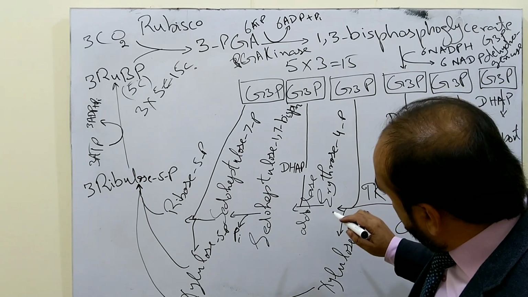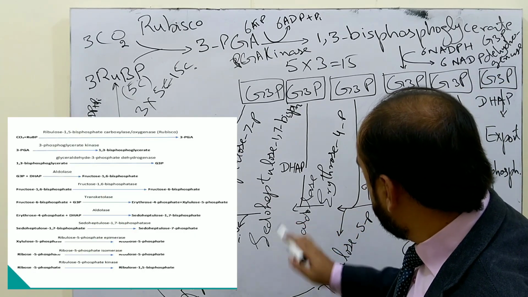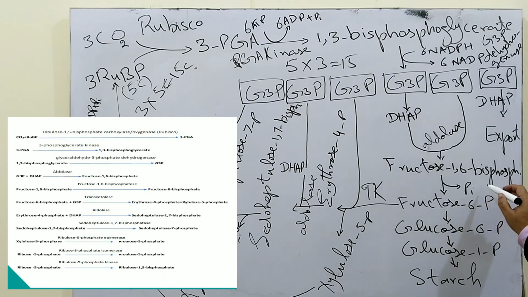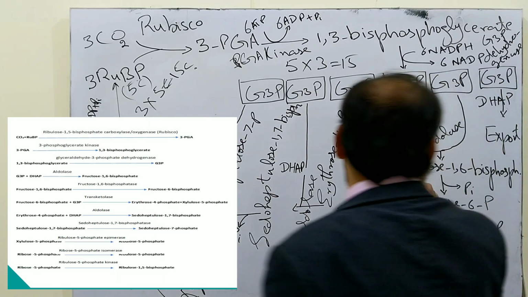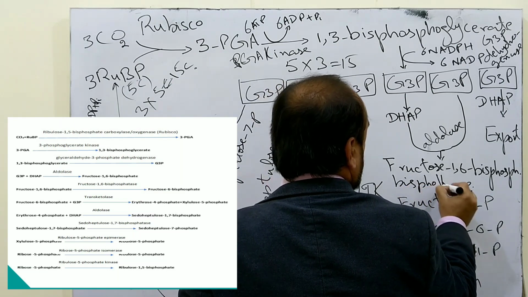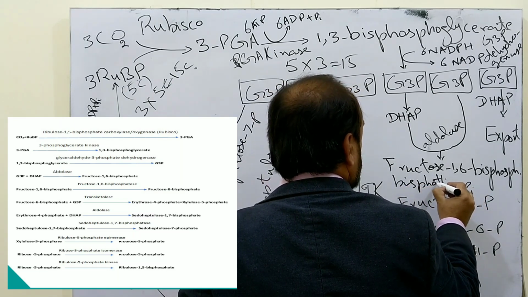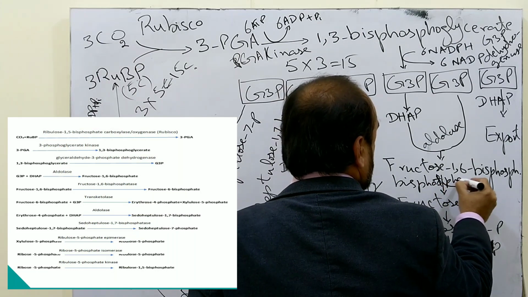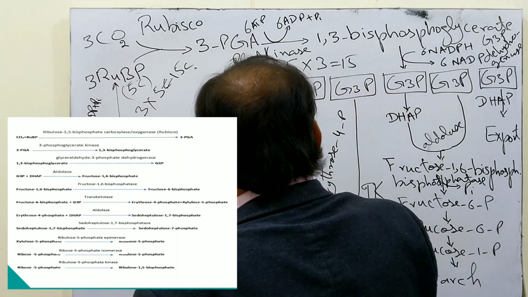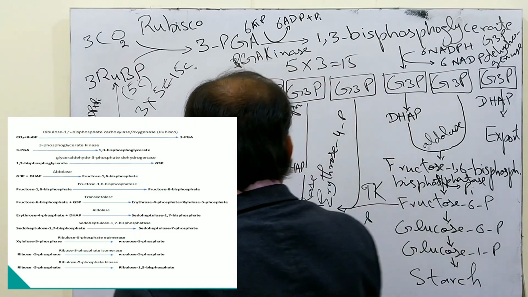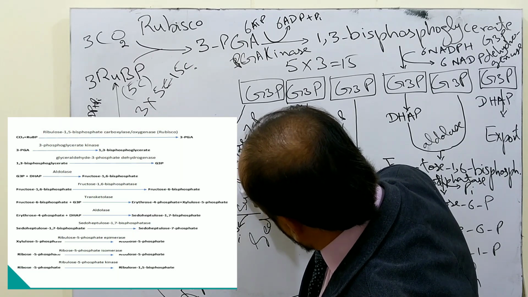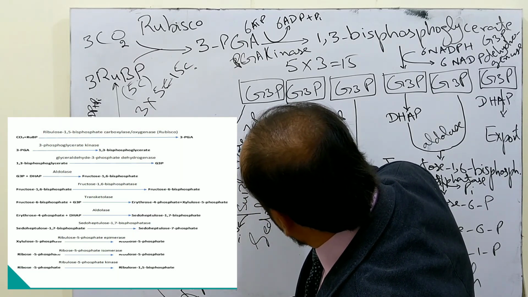And here the fructose 1,6-bisphosphatase enzyme is involved, which separates off one phosphate group. Here also the SBP, sedoheptulose 1,7-bisphosphatase enzyme is involved.